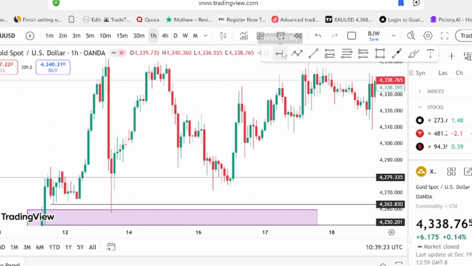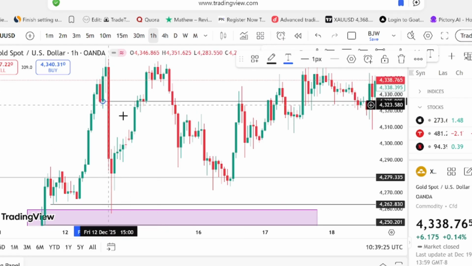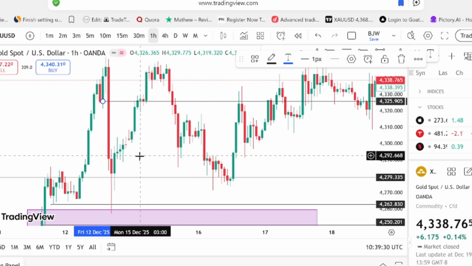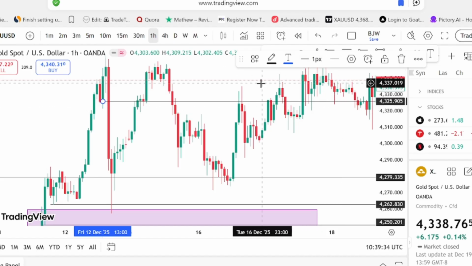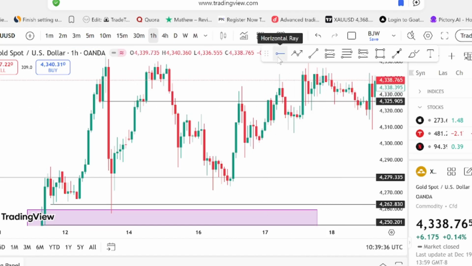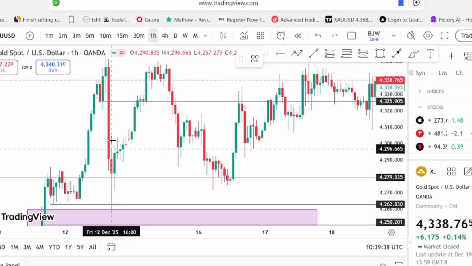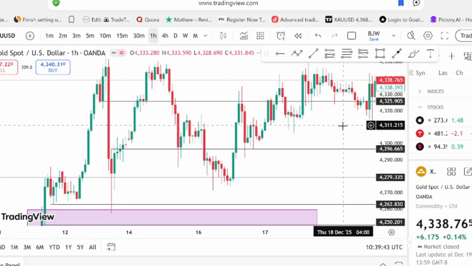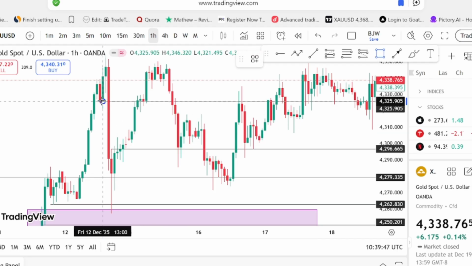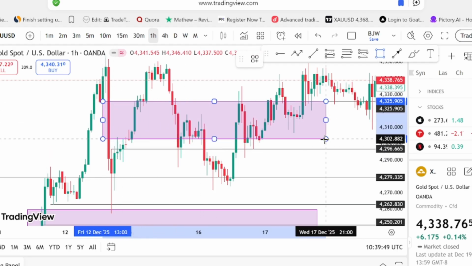Now from this zone previously, from here to here, let me show you guys. From here to where you're seeing this candlestick close is an FVG. So therefore, this void, this imbalance from this zone is now an FVG.